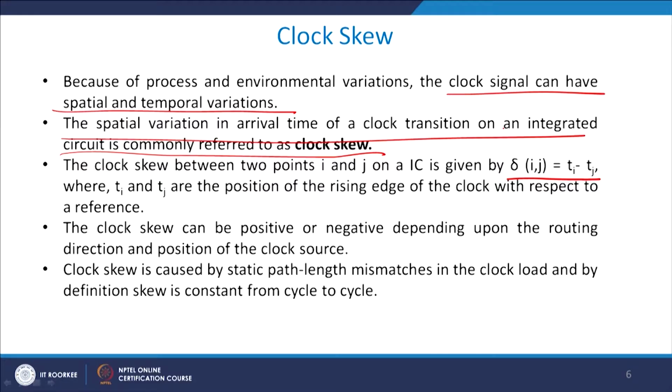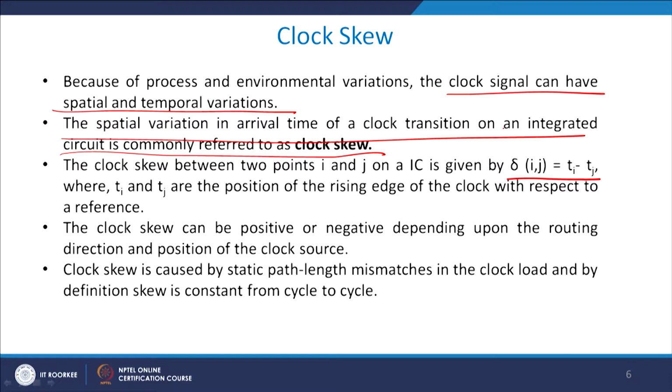In the arrival time, please understand, it is not in terms of delay, or in terms of frequency, it is the arrival time which is important. So, if it has arrived later, we have what is known as a positive skew. If it arrives ahead of the rising edge of the clock, we define that to be the premature case. So, one has to be very careful about what clock skew is.